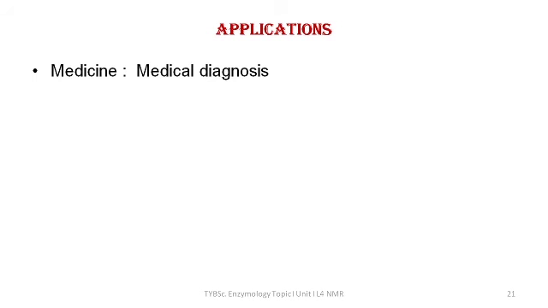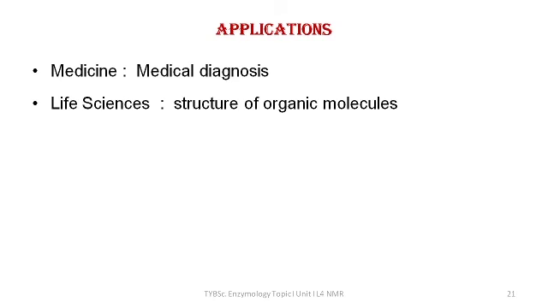That is the use of NMR spectroscopy in determining the internal structure of that particular organ. Maybe MRI of the brain, the liver, the kidney, or any other organs, and it has helped doctors a lot to diagnose various diseases.